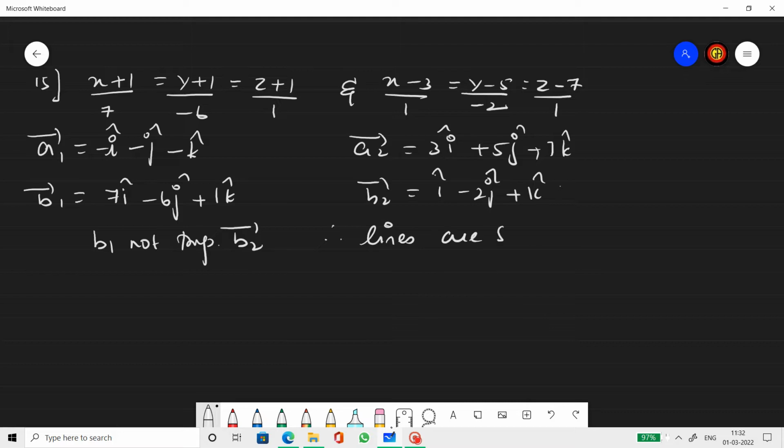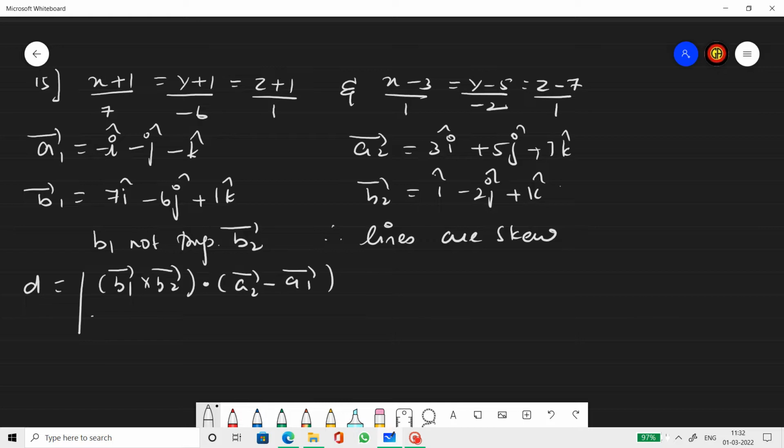So now we need to find the shortest distance between the skew lines, where the formula's distance is equal to B1 vector cross B2 vector dot A2 vector minus A1 vector, divided by magnitude of B1 vector cross B2 vector.